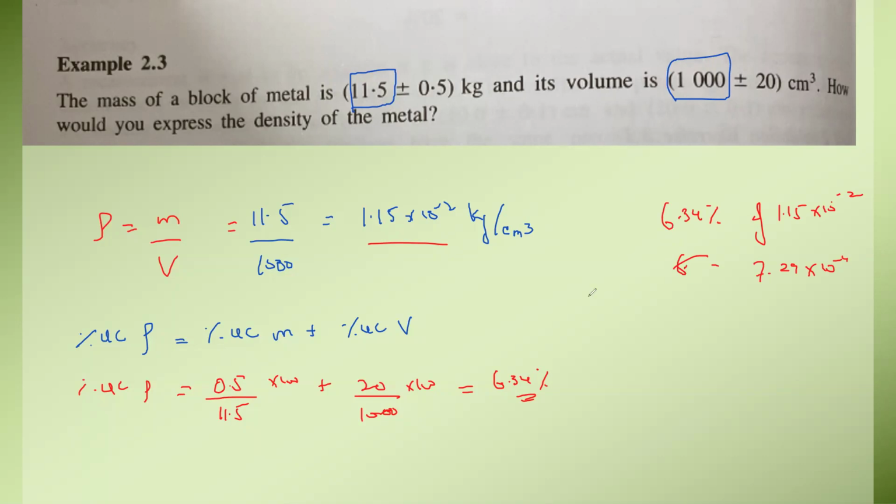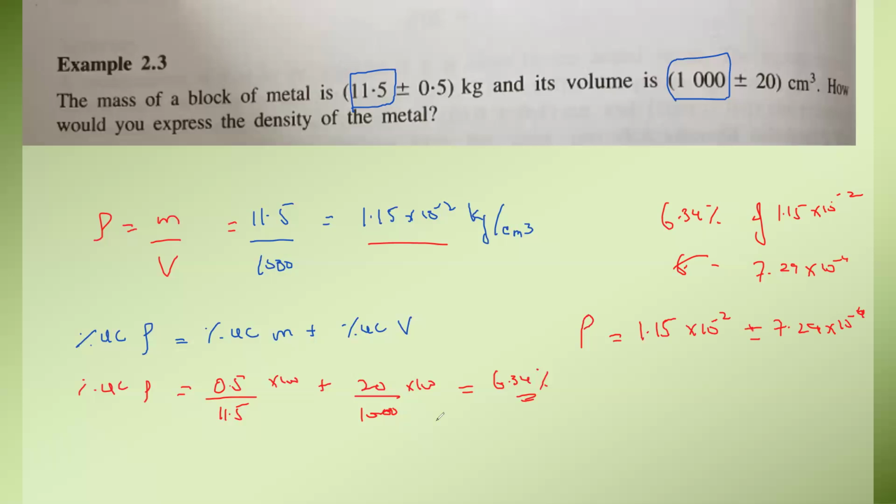Now we want to represent our data: the density is 1.15 into 10 to the power minus 2, plus minus the uncertainty 7.29 into 10 to the power minus 4. So they don't appear in the same scientific notation.